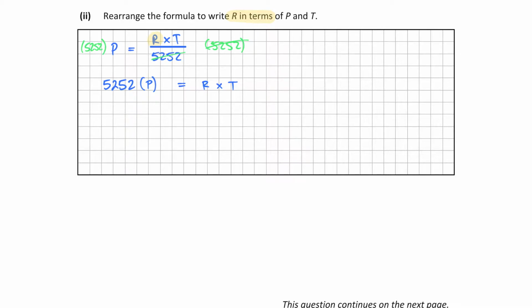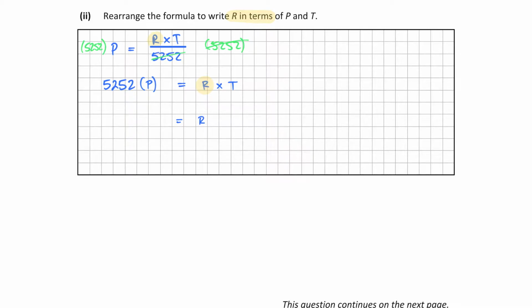So if I want to get R by itself, I need to look at what's happening to R. Currently I'm multiplying it by T. So if I want to get rid of that T on the right-hand side, if I want to get the R by itself, which I do, then I need to divide both sides by T.